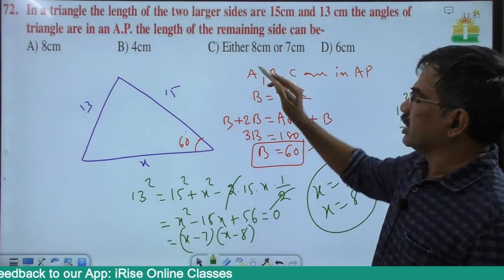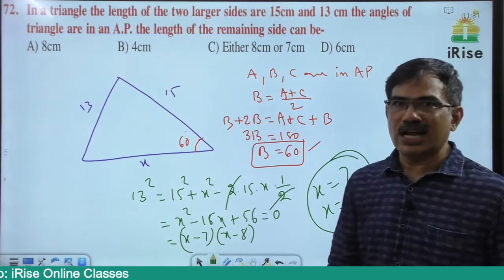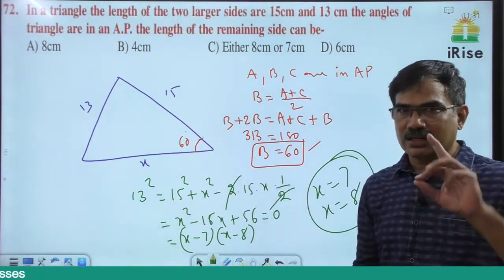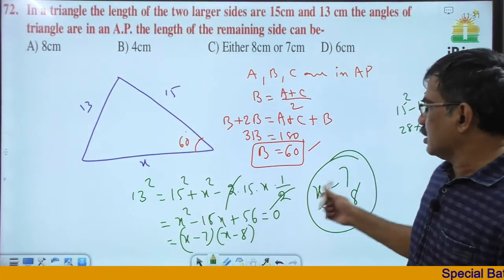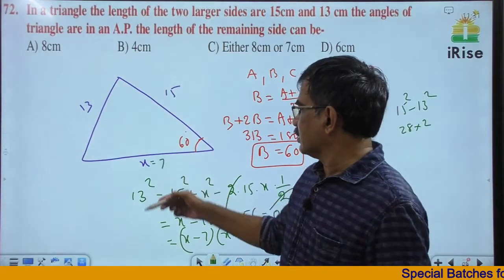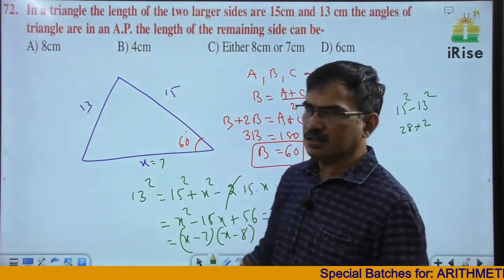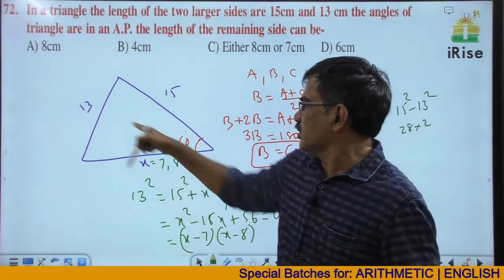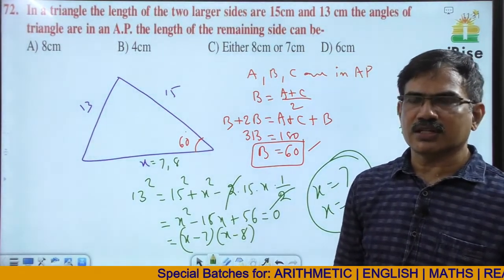So 7, 8. But after getting the answer, you have to check whether these two values satisfy the triangle condition or not. For example, if it is 7, then the sum of the two minimum sides must be greater than the third side, satisfied. If it is 8, the sum of two minimum sides must be greater than the third side, it can also be satisfied.